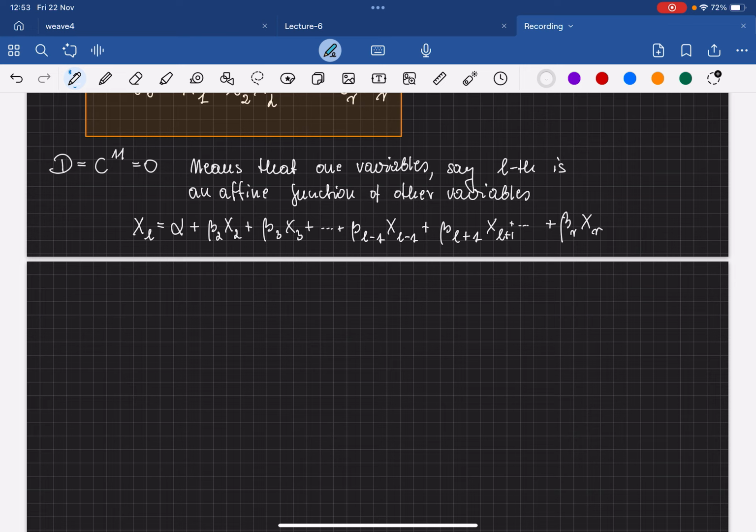Then next thing, after calculating our coefficients and determining the equation of regression, we can ask a question whether there is a strong dependence between dependent variable and independent variables.